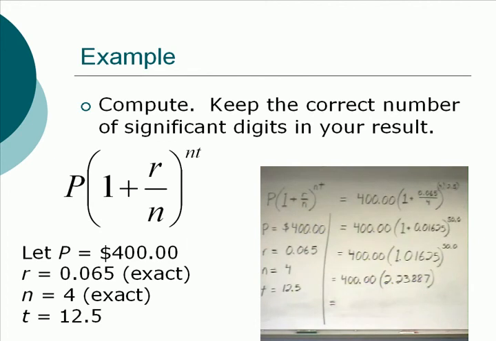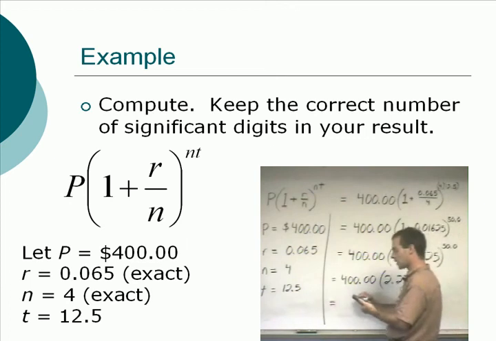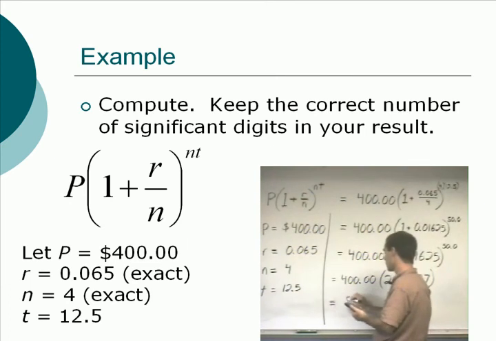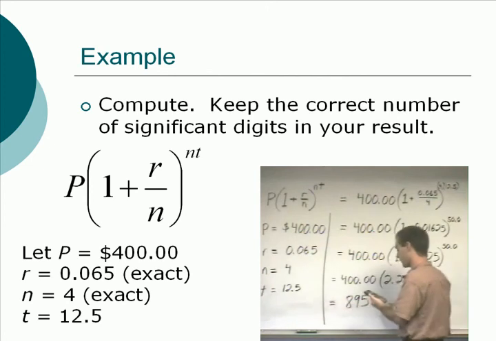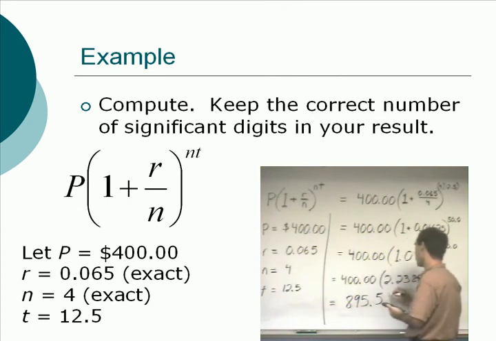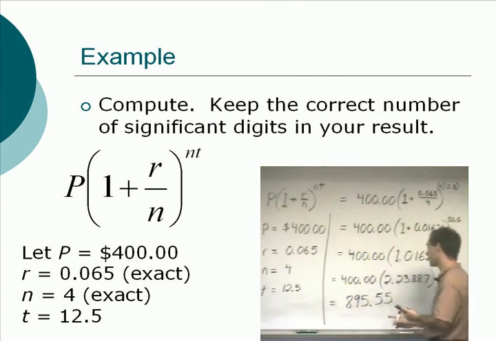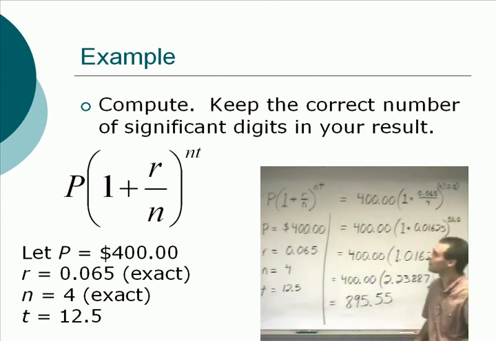So we're going to take that value, 2.23887 times 400.00, or just 400, because your calculator doesn't care about significant digits. $895.548, we have to call it 55 because that's our last significant digit. Now I did drop a dollar sign here.